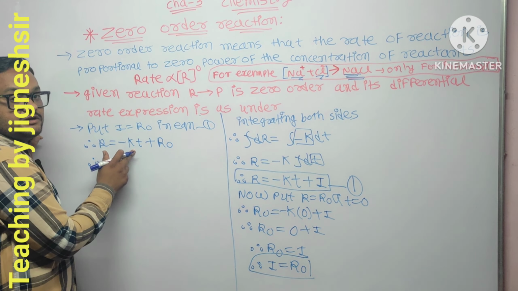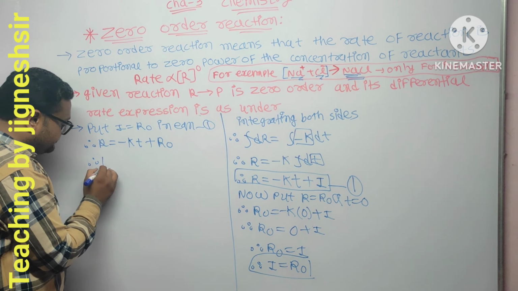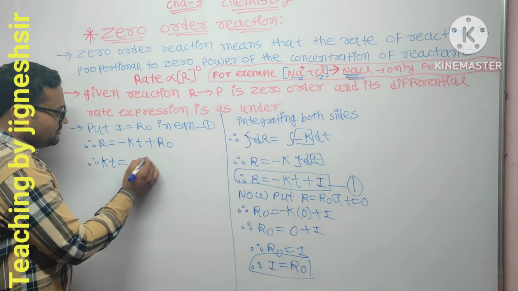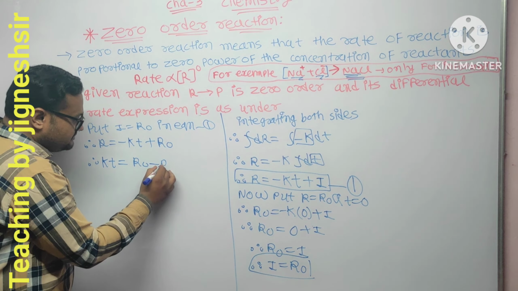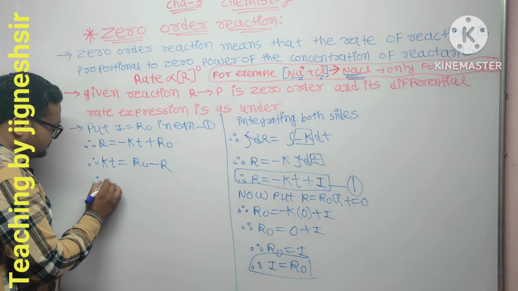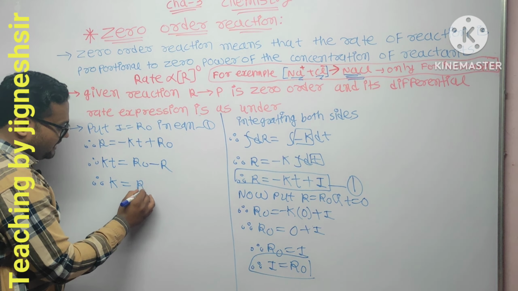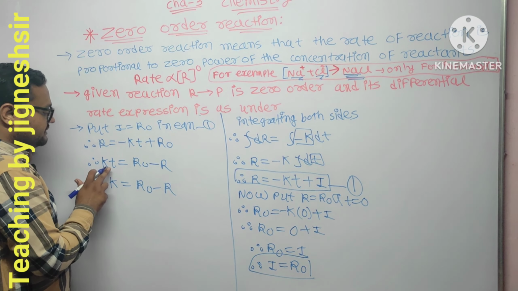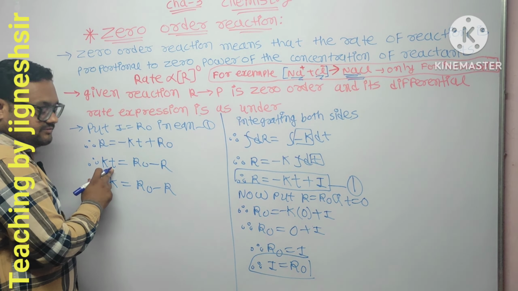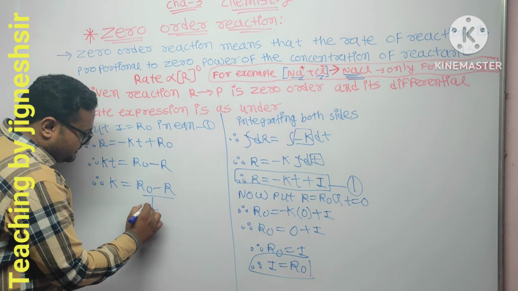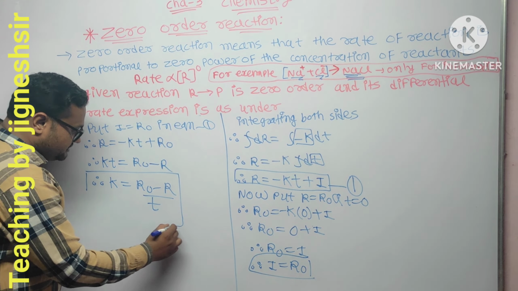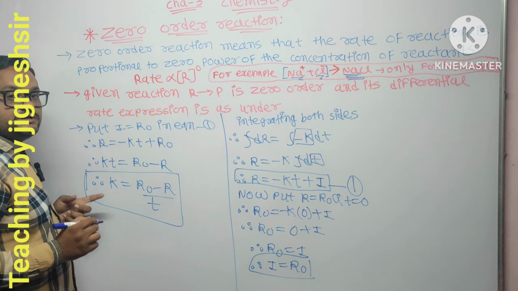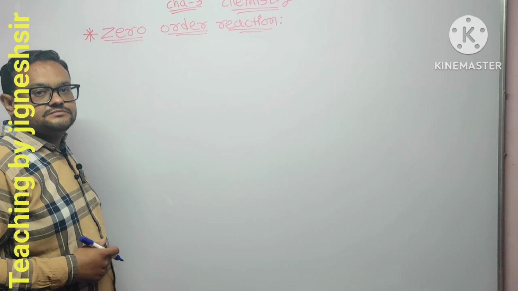Here minus Kt, there plus Kt is equal to R0; here plus R, there minus R. Therefore Kt is equal to R0 minus R. Here t is in multiplication, there t will be in division. Therefore K is equal to R0 minus R upon t. This equation is known as the zero order reaction equation.